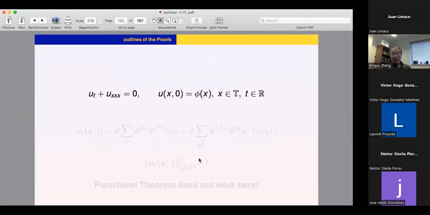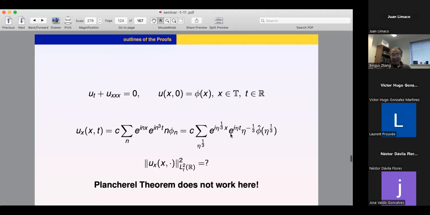Now, how about the equation posed on the periodic domain? Of course, you cannot use the Fourier transform. However, you can use Fourier series, right? And we do have an explicit solution formula of u in terms of the initial data. Okay, and then you can imitate the same thing. You make the transformation and then find the L2 norm in time of this u sub x.